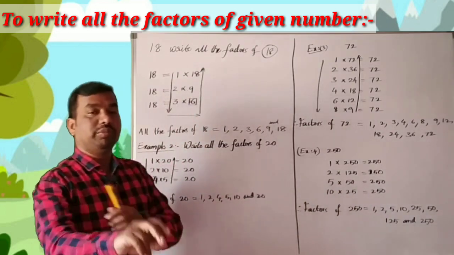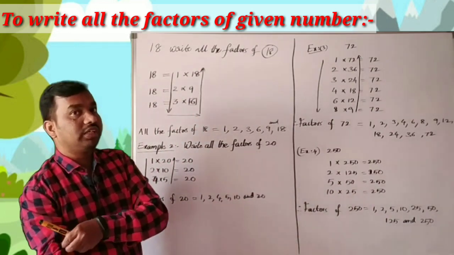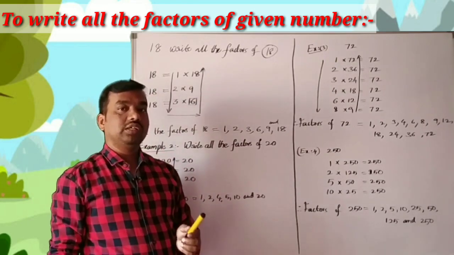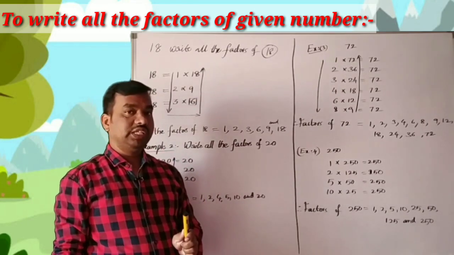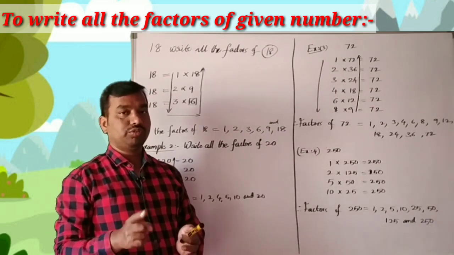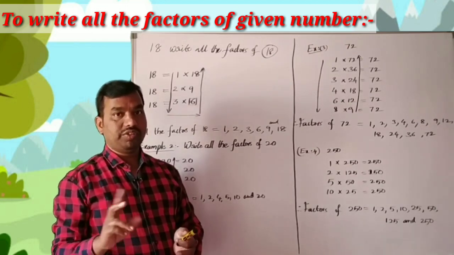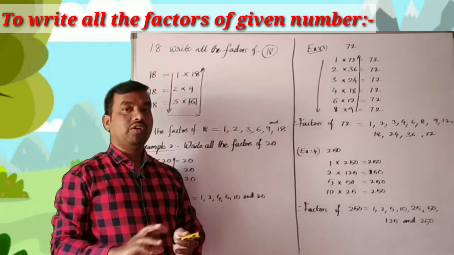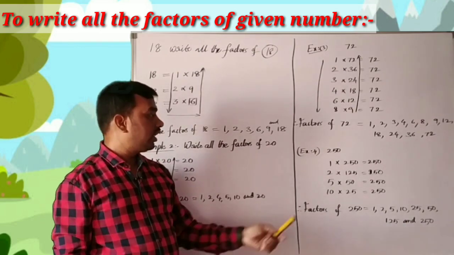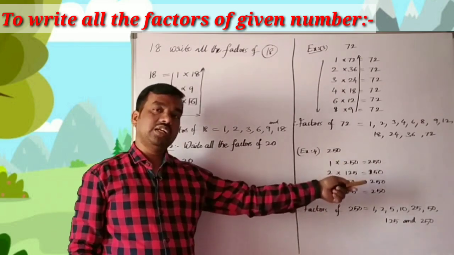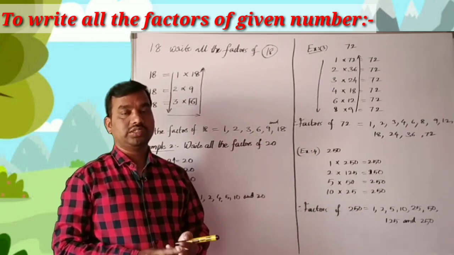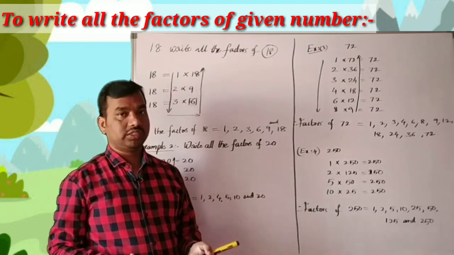For 3, 2 plus 5 is 7, and 7 is not a multiple of 3. So by 3, 250 is not exactly divisible. Next 4. Last 2 digits we have to take. 50 is not exactly divisible by 4. So don't take 4. And 5: 5 50s are 250. And 6, 7, 8, 9 we can't get.